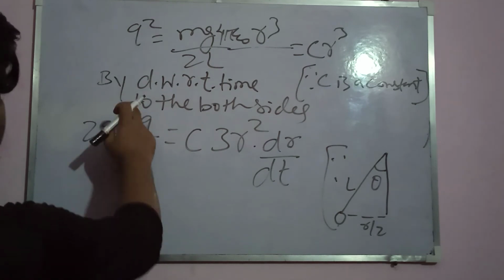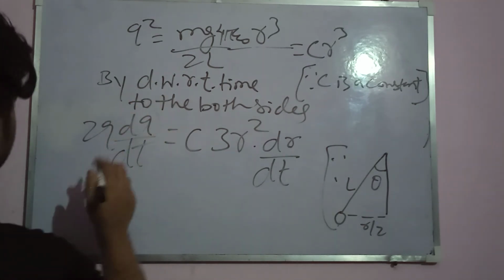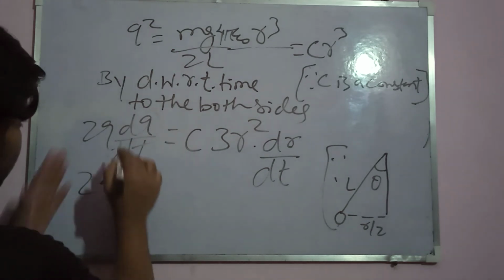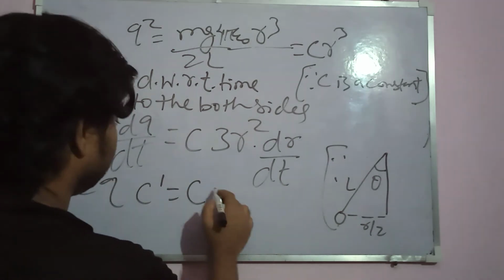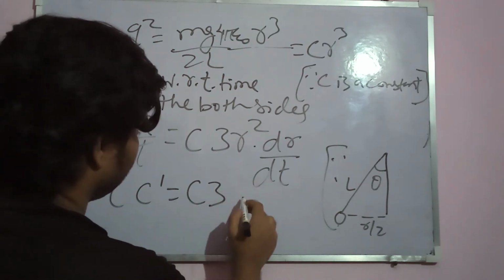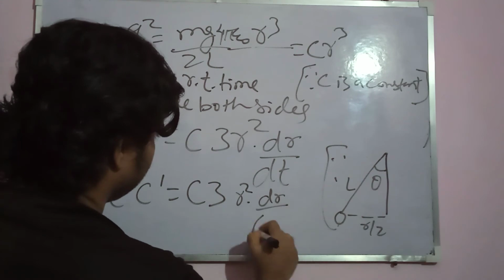Now this term, the leaking, is a constant, so we can treat it as another constant, c dash. So it is c dash and c times 3 r squared dr by dt.